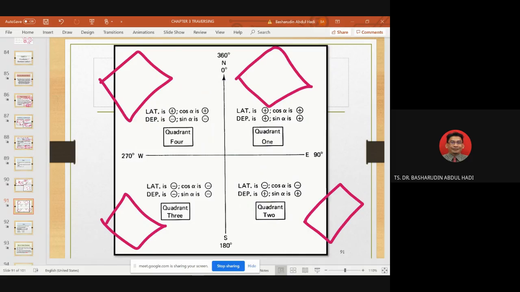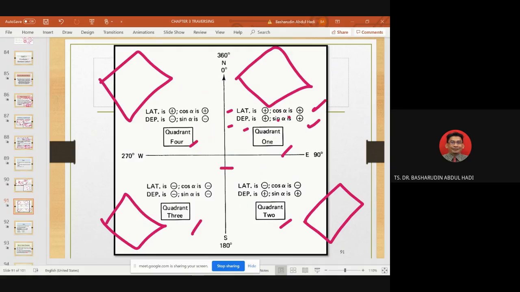Is it in quadrant 1, quadrant 2, quadrant 3, quadrant 4? Because in quadrant 1, latitude is cos angle, positive, and departure in quadrant 1 is sine angle, positive. No problem. You still remember that you learned the coordinates 0, 0, -1, -2.